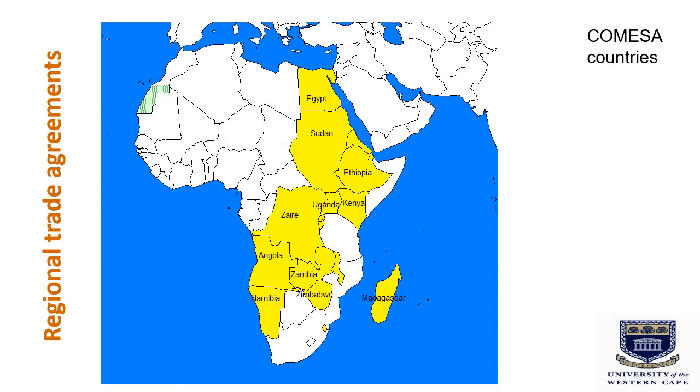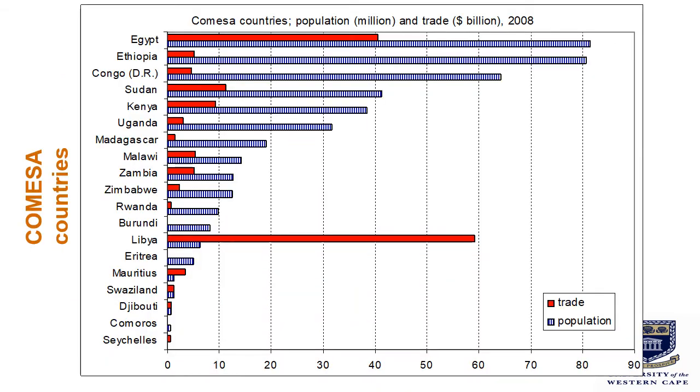Moving on from the types of economic integration and trade creation and trade diversion, we're going to look at regional trade agreements, and we're going to highlight some of the deficiencies for COMESA. So those are all the yellow highlighted countries on the African map. The first thing we notice for the COMESA countries is that population size does not necessarily translate into trade.